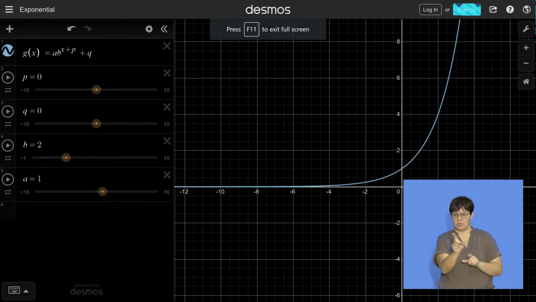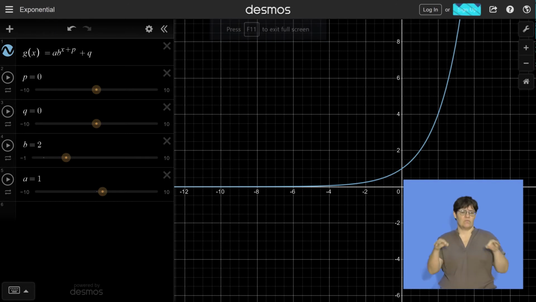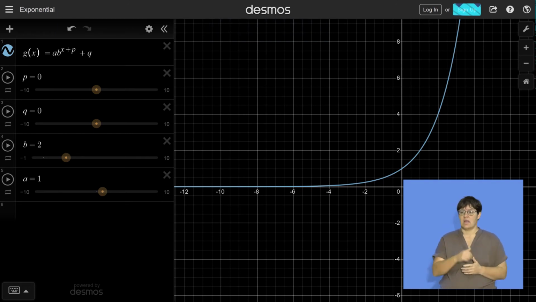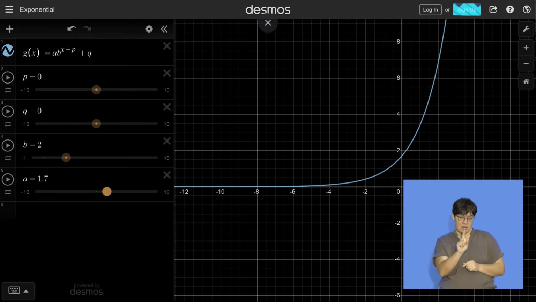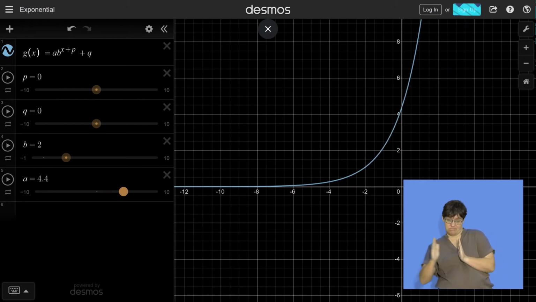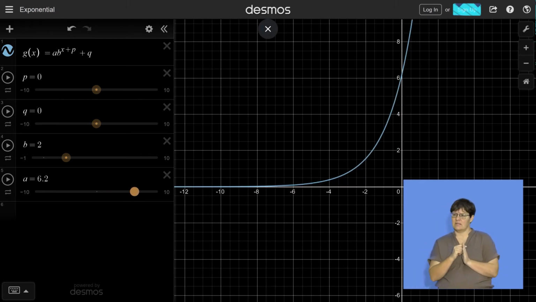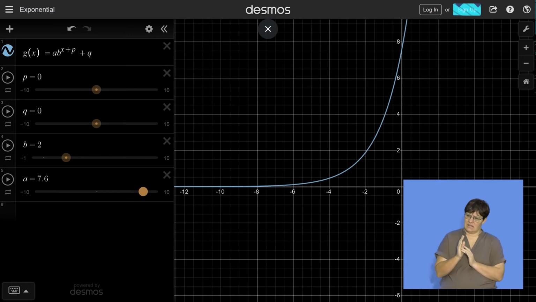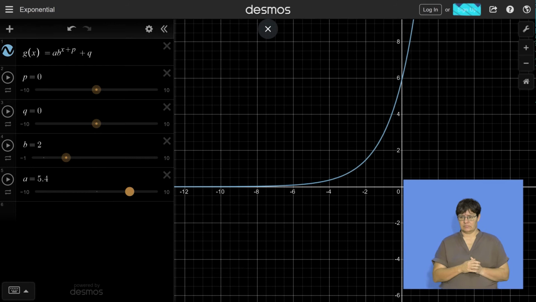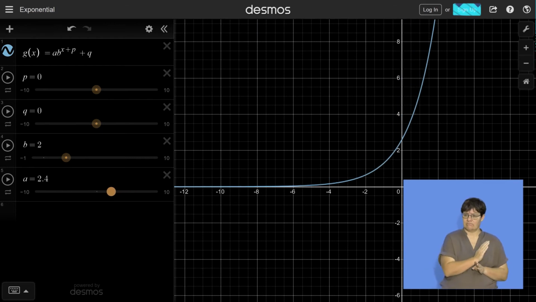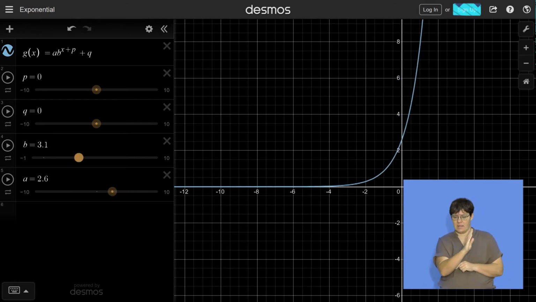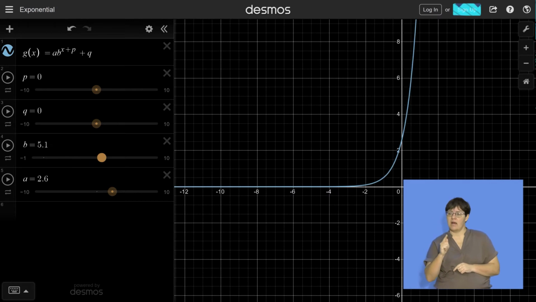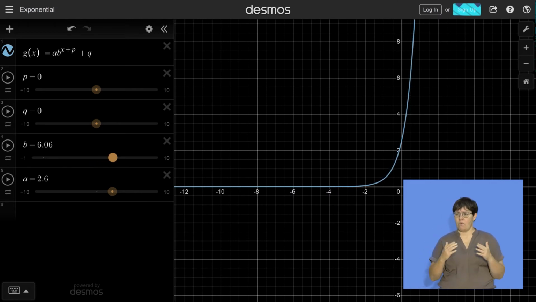Right, so if I move around with my values here, I started with a as 1. If I make a bigger, you can see this becomes a bit steeper, or it becomes a bit stretched, right? It gets stretched a bit more. And then with the b value as well, as it becomes bigger and bigger, that's when it is becoming more increasing.